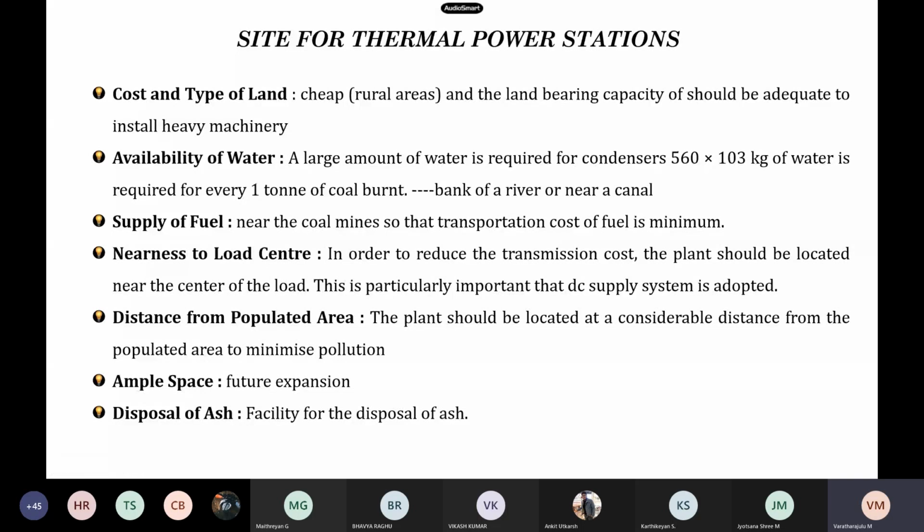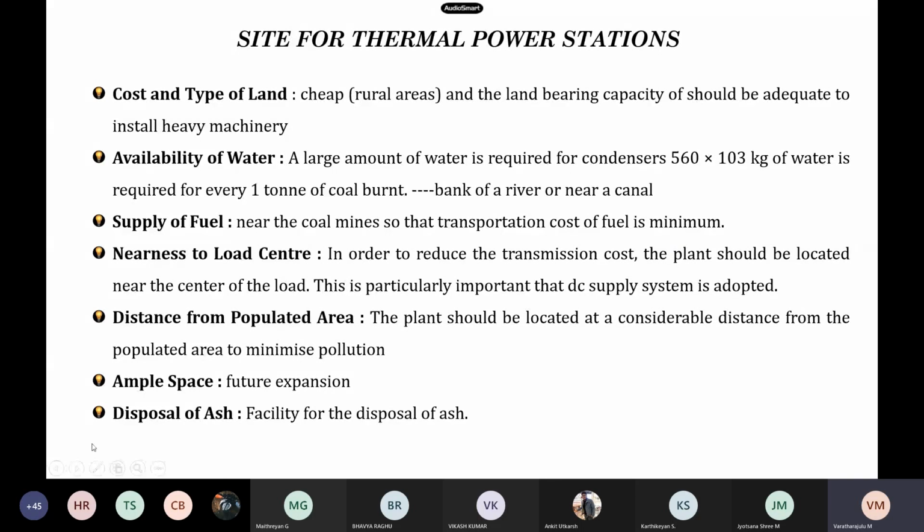And ample space is essential to allow for expansion of the power plant. The government might have some plan to expand the power plants, and at that time there won't be any problem with the expansion. Therefore, ample space is essential.